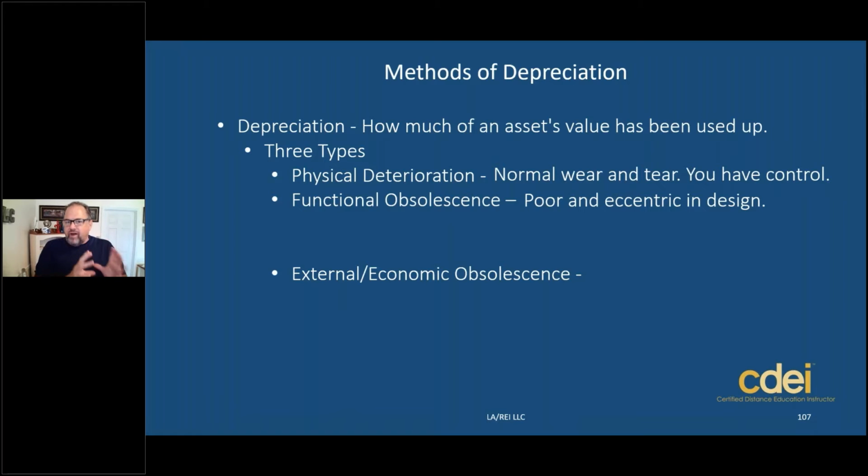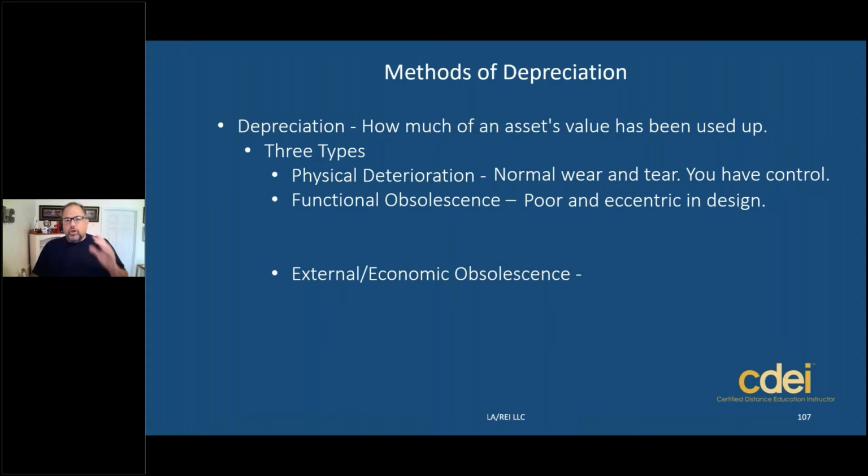Now, the term does not mean it's not habitable, and does not mean that it's not up to code. It's just not functional. For example, a 4-bedroom, 1-bath. Now imagine a family of 4 sharing 1 bathroom. You've got the parents and let's say a daughter and a son, or even 2 daughters.